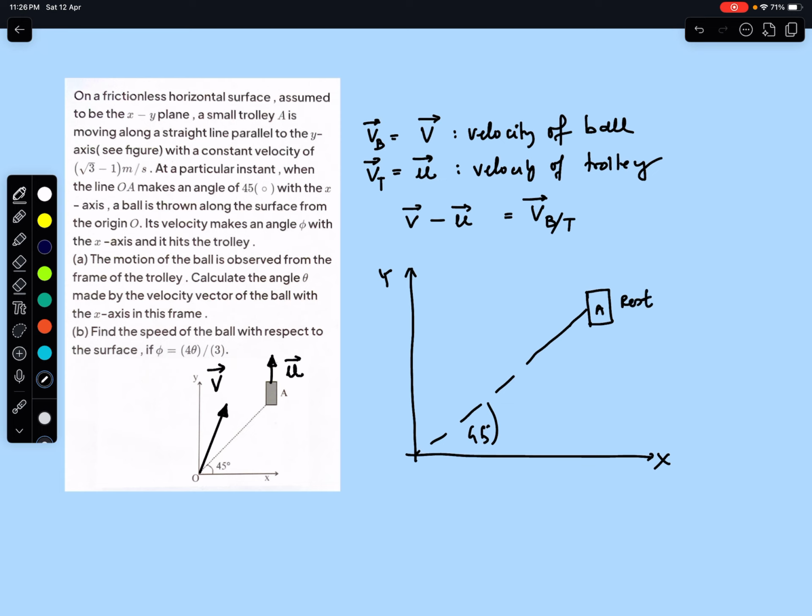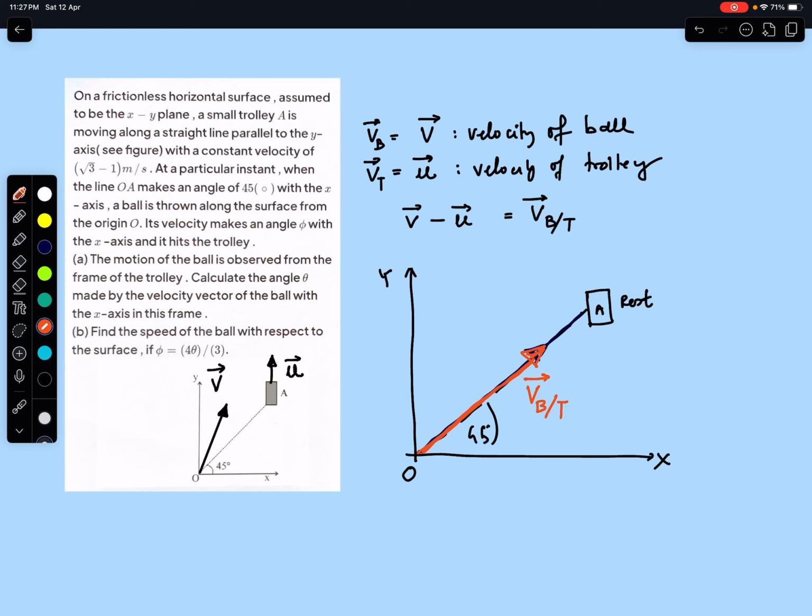Then the ball from point O will travel along this path with respect to the trolley. This will be the vector, velocity of the ball with respect to trolley, VB, B for ball and T for trolley.